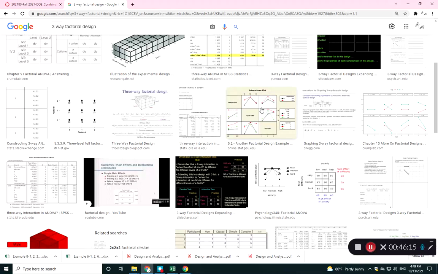In other words, if I don't believe the world is linear, I believe that it's nonlinear. In other words, if you go low, my performance is not good. You go high, my performance is not good. But somewhere in between, medium, my performance actually a lot better. If I'm looking for maximum, that will give me higher value.